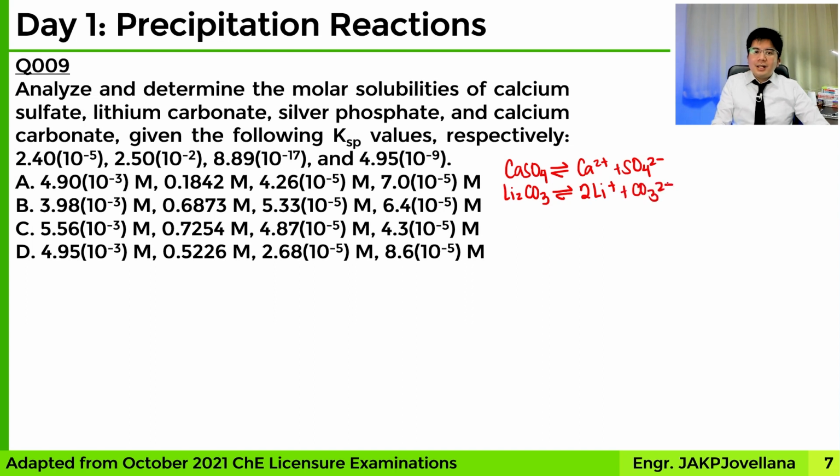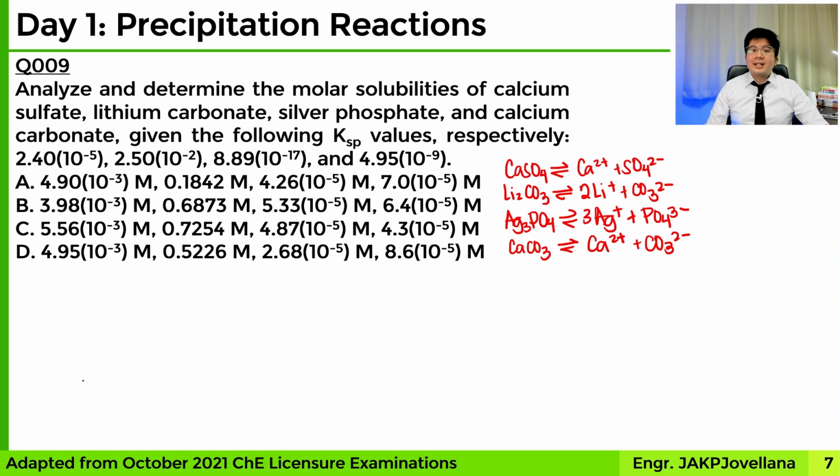Next, for silver phosphate, this is Ag3PO4 reversible with 3 Ag+ and phosphate ion. And lastly, calcium carbonate, CaCO3. This is reversible with Ca2+ and carbonate ion.